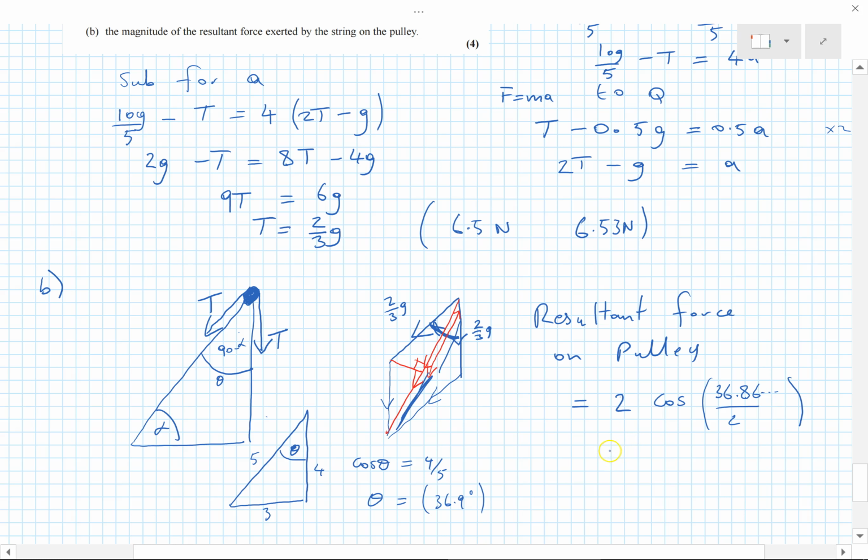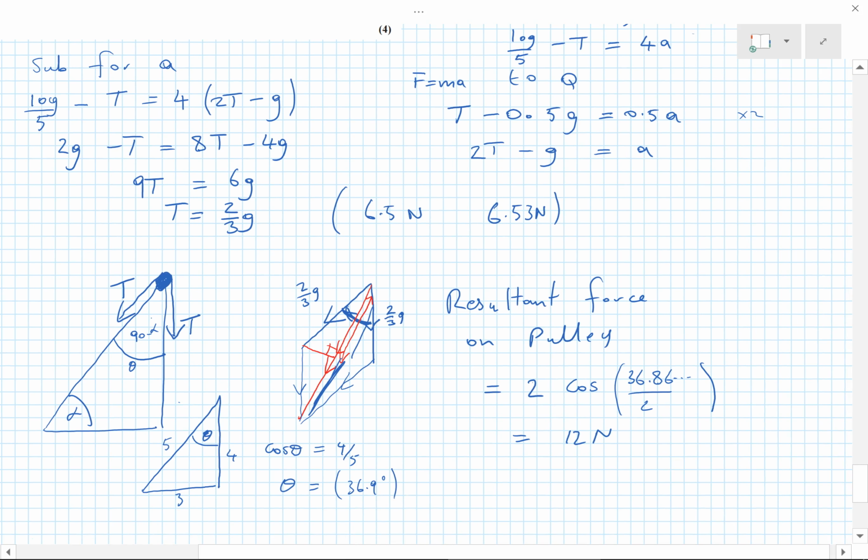Okay, and that number comes to 12 newtons, times by 2g/3, of course, because that's the length of the side.